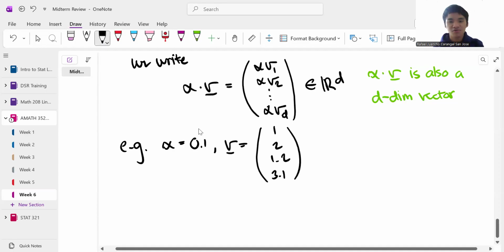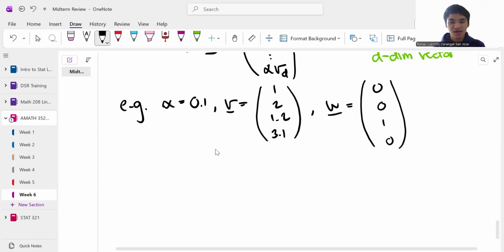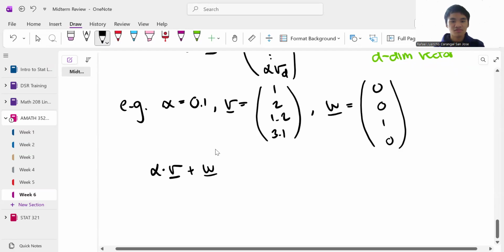And let's say w, we're doing another vector here, is 0, 0, 1, 0. So let's try to practice some scalar multiplication and addition. How about, let's do this, alpha times vector v plus w.